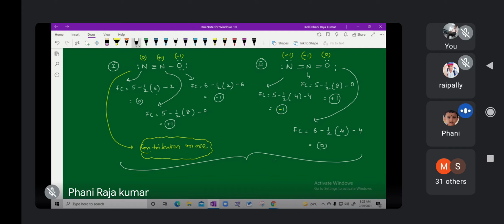That's why for nitrous oxide, generally we represent it like this, as a resonance hybrid. N bond O, but not a single bond. Generally we represent nitrous oxide like this.